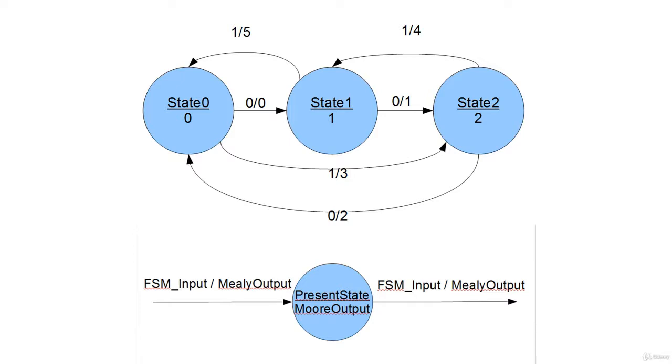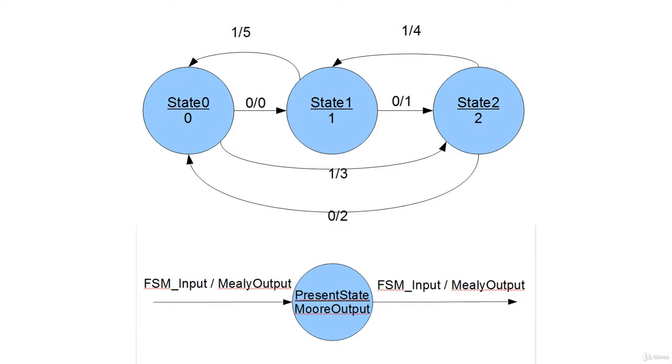Whereas the input and output, as shown there, show what the input to go to that state would be, and also what the Mealy output would be.